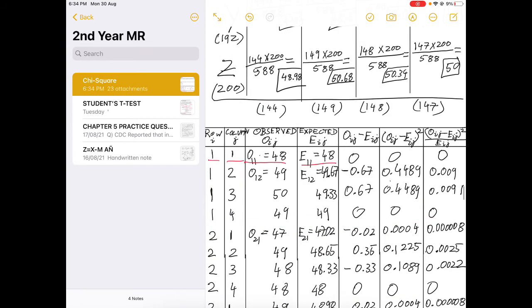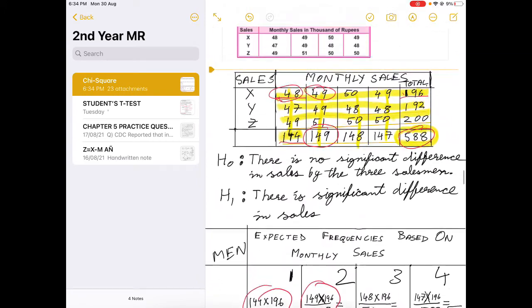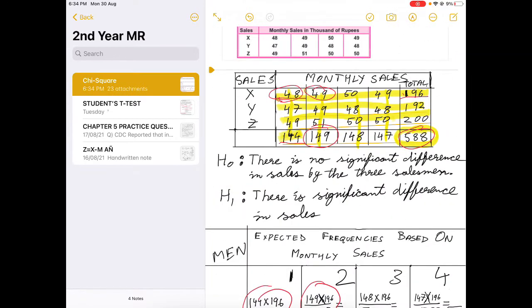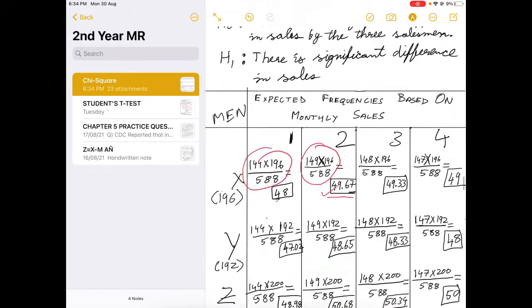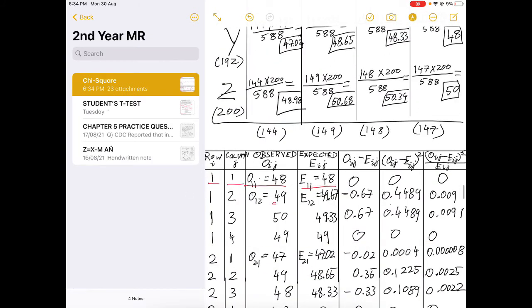Similarly, now let's compare for the first salesman, the second month. The observed sales are 49, the expected sales are 49.67. So we fill that again in the table. So like this, all the observed and expected values are filled by row and column, and we maintain in both tables the same location for each observed and expected value, and we compare them.